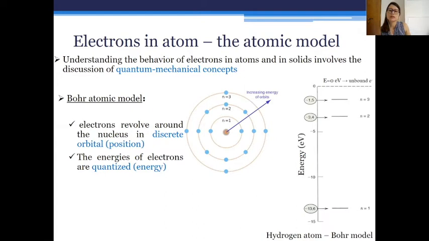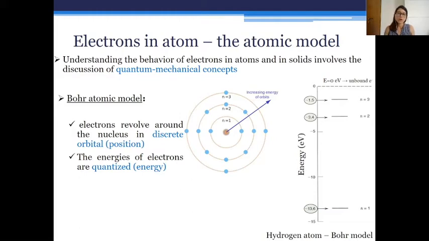This was followed by the establishment of a set of principles and laws that govern the systems of atomic and subatomic entities, known as quantum mechanics concepts. So let's introduce these quantum mechanics concepts in order to understand these phenomena and behaviors involved in interatomic bondings.